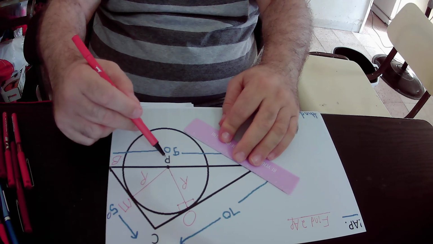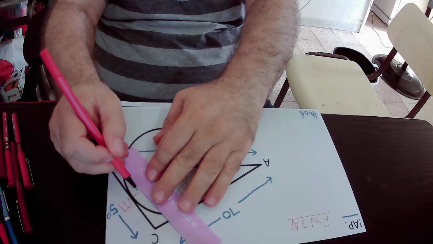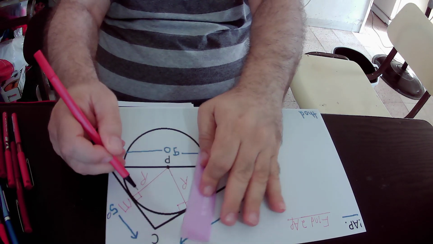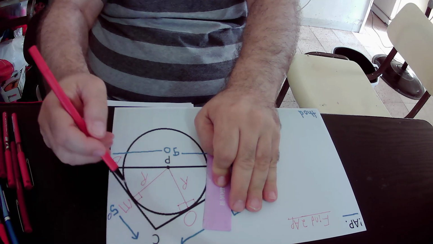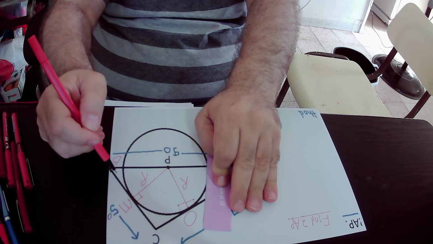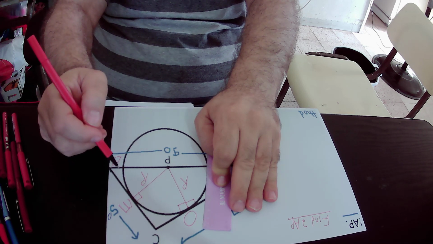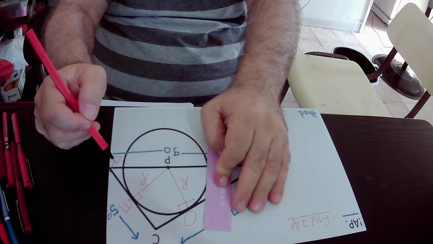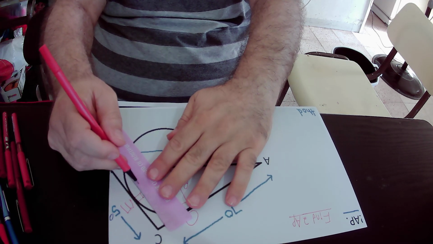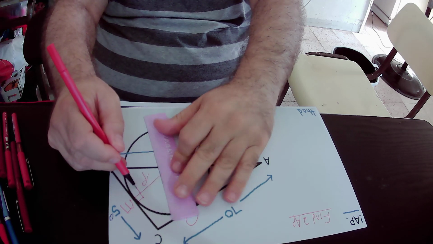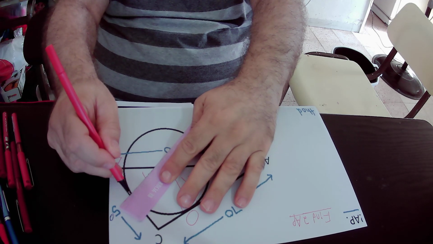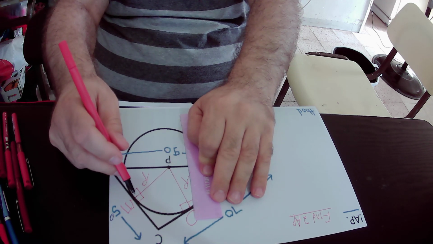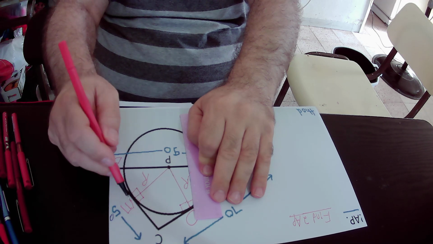So angle PEC will be equal to 90 degrees, because the radius is perpendicular to the tangent of the circle, and for this reason also angle PEB will be equal to 90 degrees, because the radius is perpendicular to the tangent of the radius.